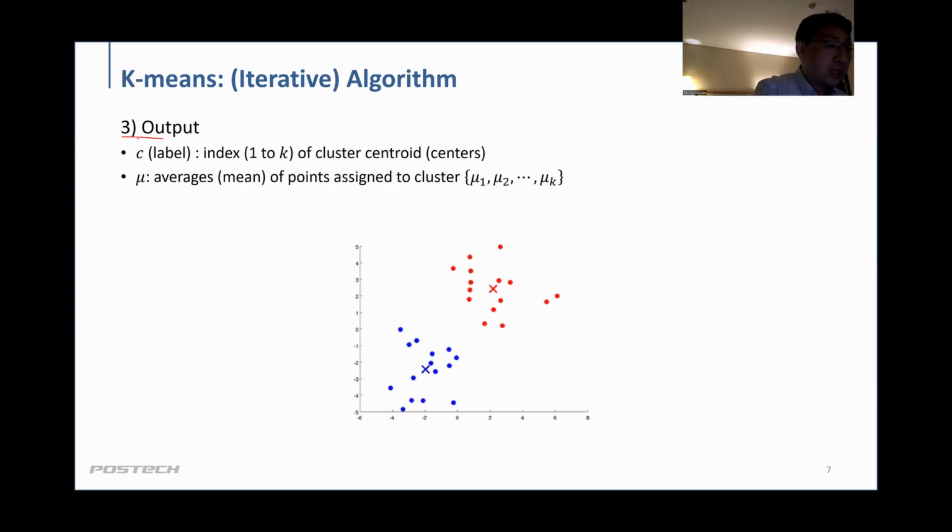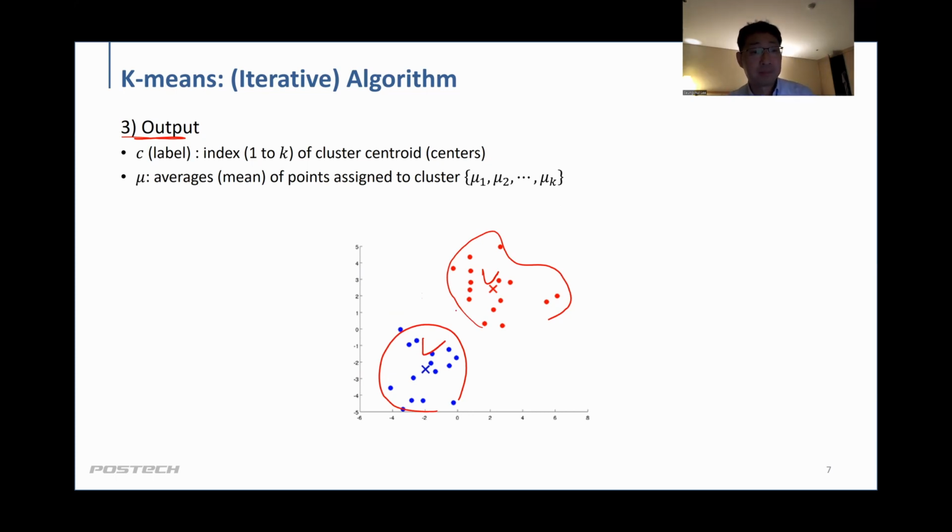So the output is that if you repeat that process, there are reds and blues, and these are the centers of mass, or centers of clusters. Remember that it's unsupervised learning.